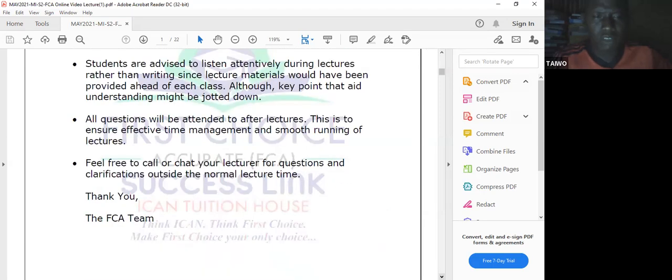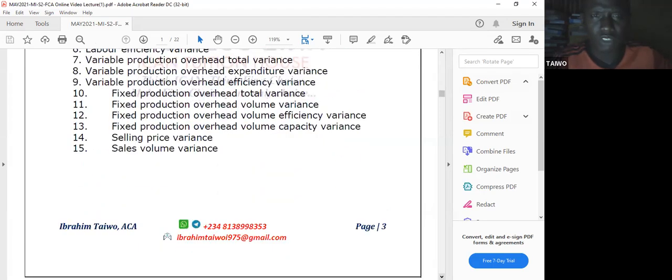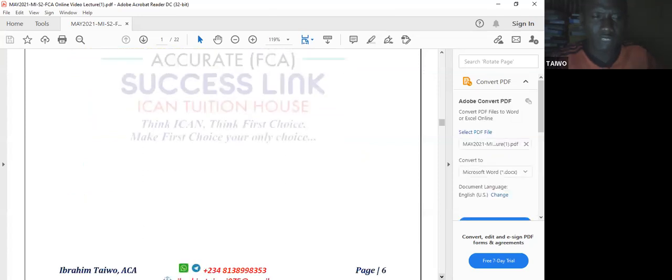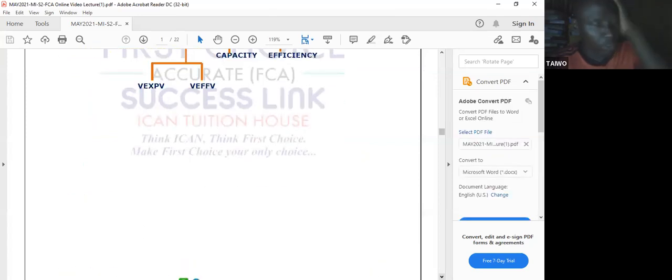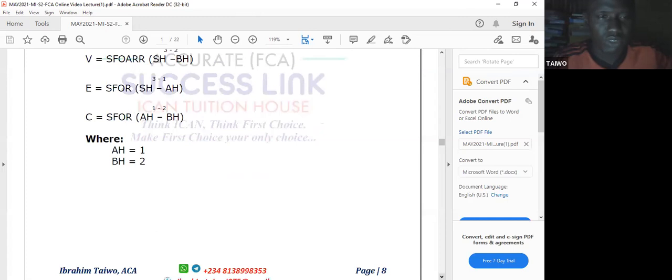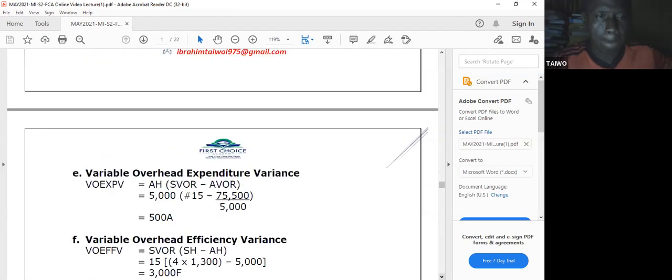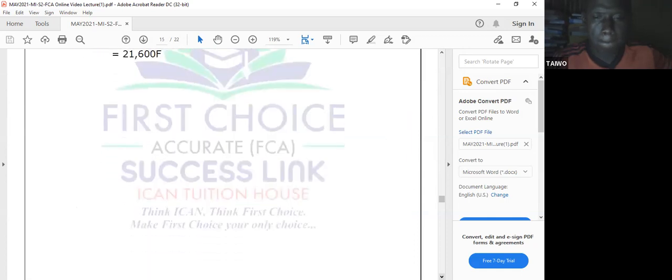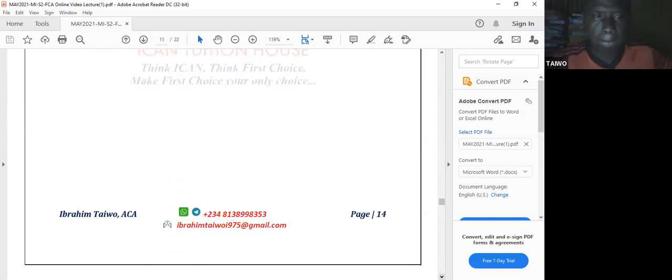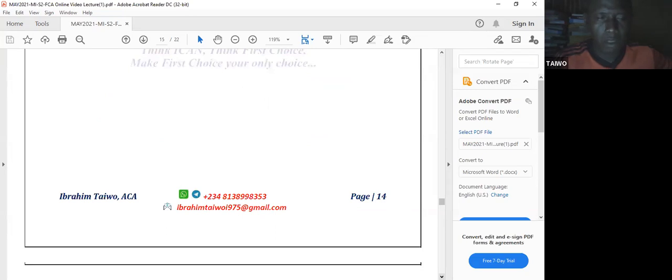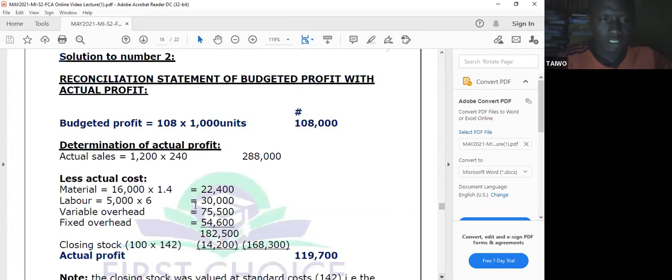So based on the stock valuation of closing stock, that's what we are trying to value. Because if your production is not equal to sales, you need to value closing stock, and that's what we are trying to value now. Look at it. Closing stock is 100.